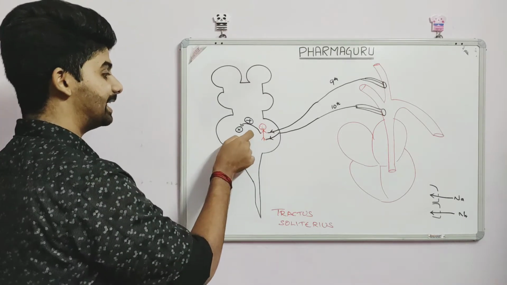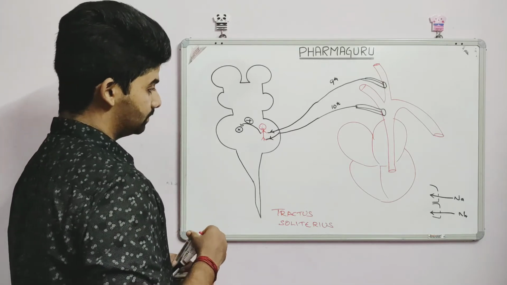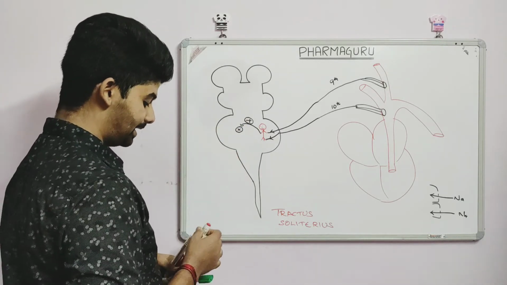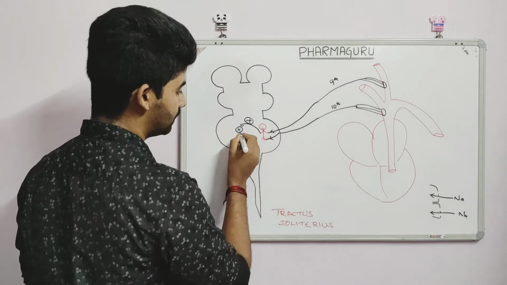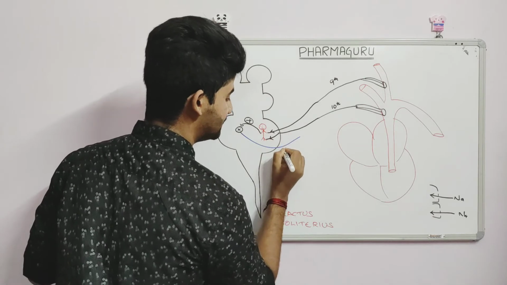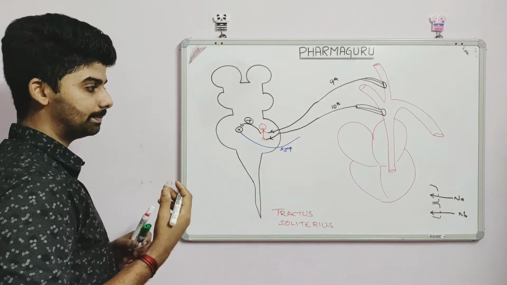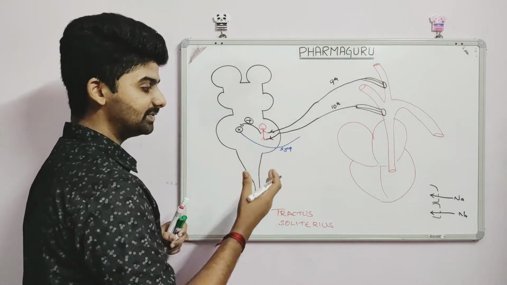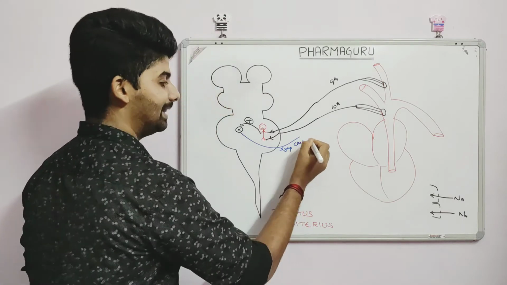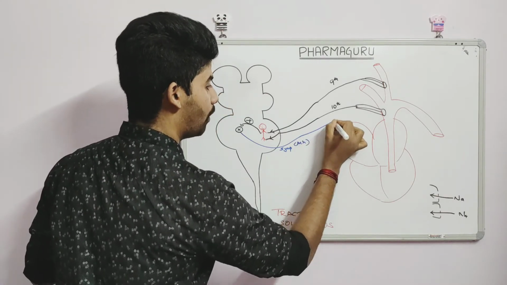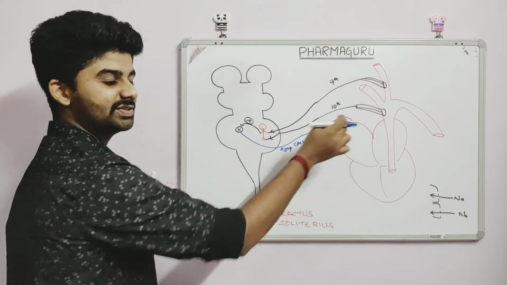And how the cardiac inhibitory center will reduce the blood pressure is, it will get activated and release a sympathetic outflow. As a result of this outflow, the neurotransmitter released is acetylcholine, and this acetylcholine will move all the way to a specific point in the heart, the SA node.